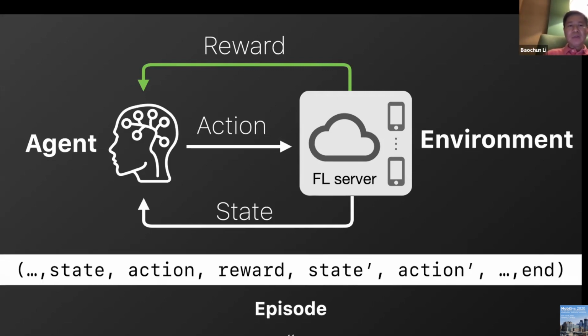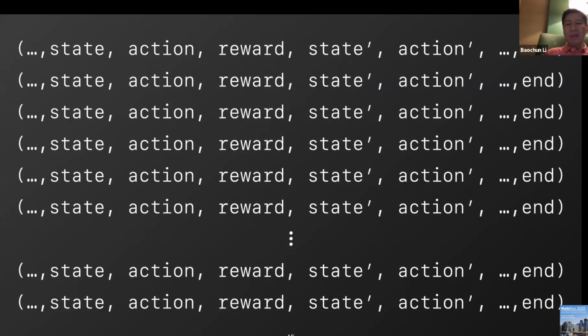Now, we would like to train the agent using a sequence of the state, action, and reward, and then the next round, the state, the action, the reward. And that sequence is typically called an episode. So we're going to have a lot of these episodes. Typically, we're going to divide these episodes into batches.